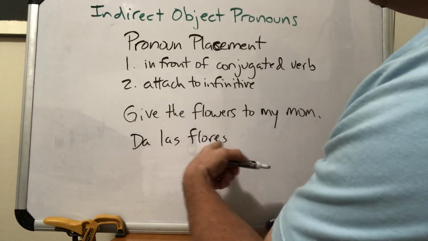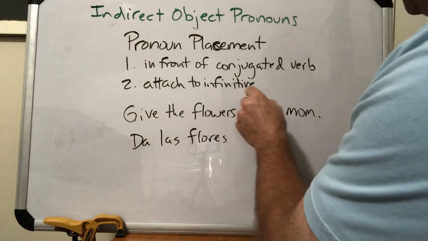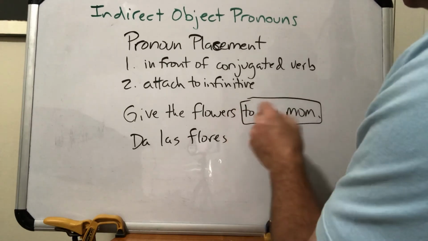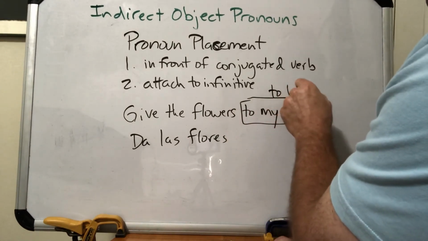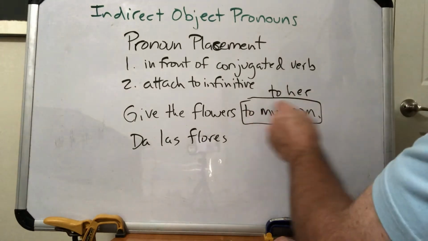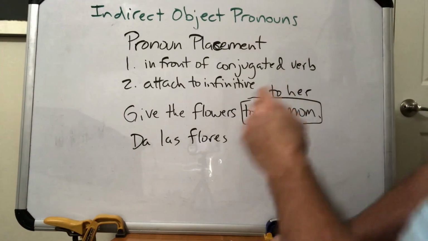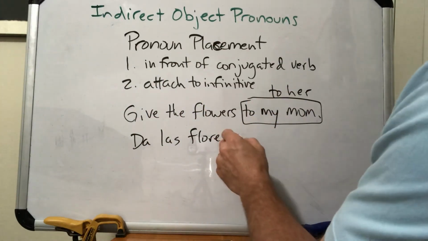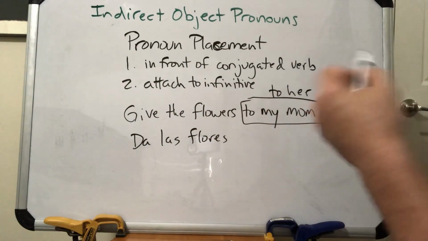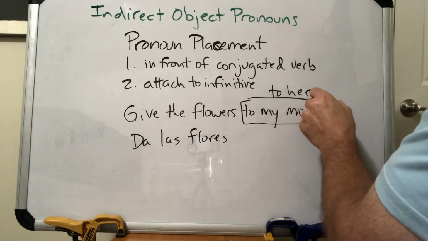Now we're not worried about this one because we're focused on the indirect object, which is this right here. So if we're going to change it to a pronoun, we would say to her. We take out my mom and change it to her. If you go back to your chart, you look at to her on the bottom left, and the equivalent in Spanish is le. So we're going to change this to le.